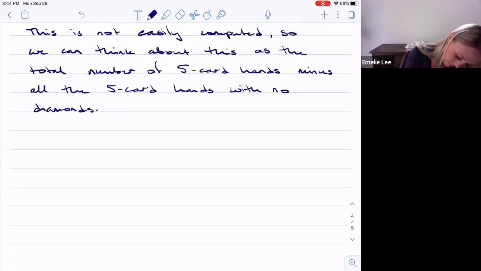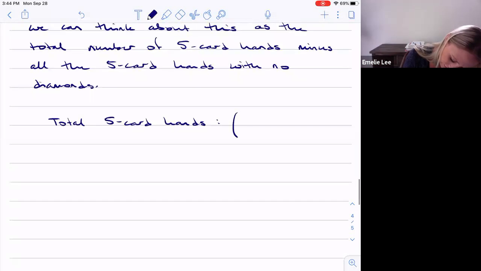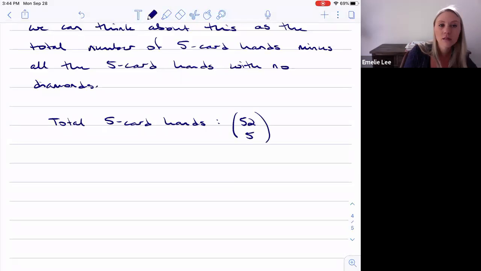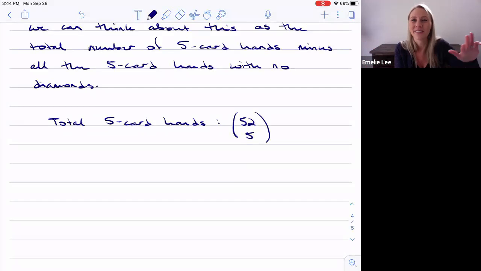And so the total number of 5 card hands is going to be 52 choose 5, right? 5 card hands is probably the only situation where, if you're dealing from a deck, it's understood that there's no repetition, because if I've dealt my cards, I'm not taking cards back and redealing them, and it would keep going and going, right?